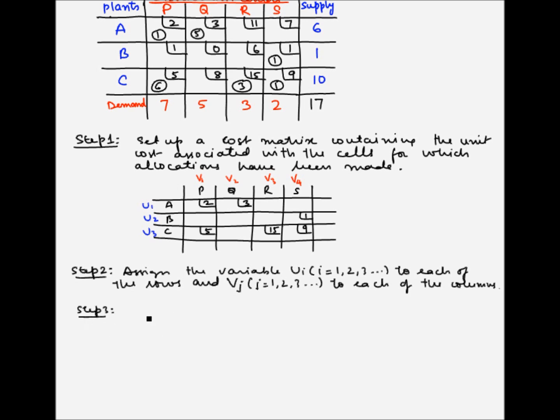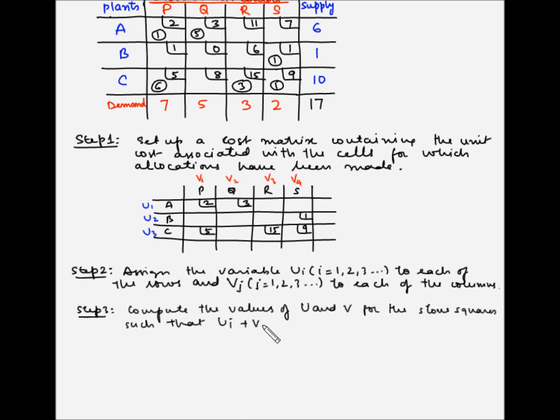So step number 3 says compute the values of u and v for the stone squares such that ui plus vj is equal to cij. Now stone squares are the ones which have an allocation.